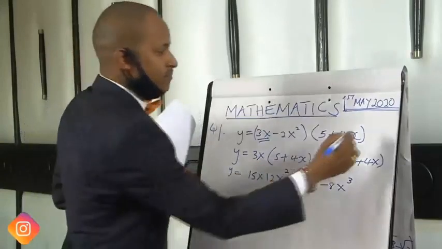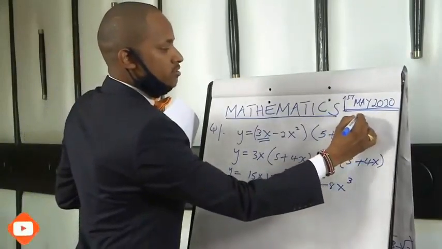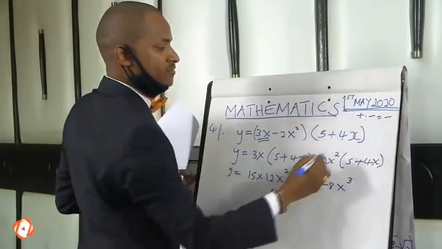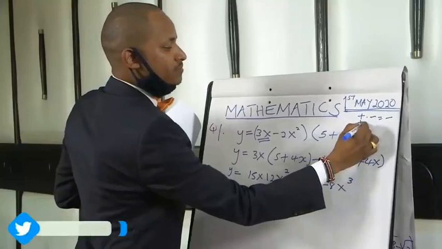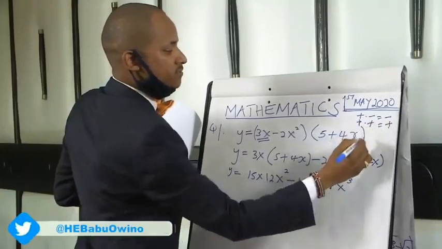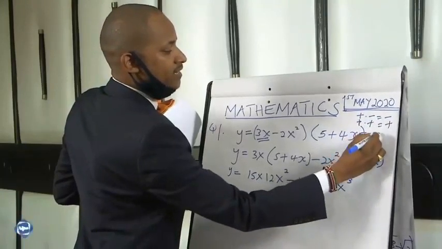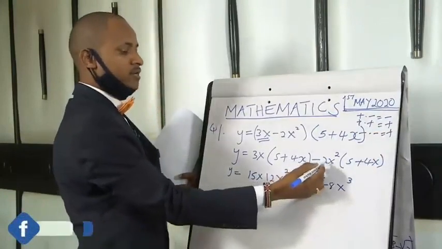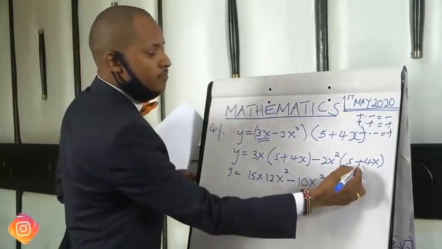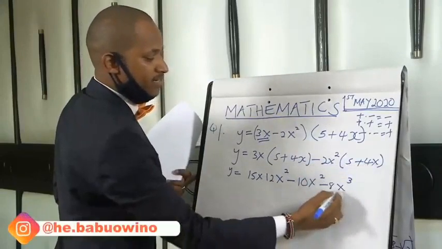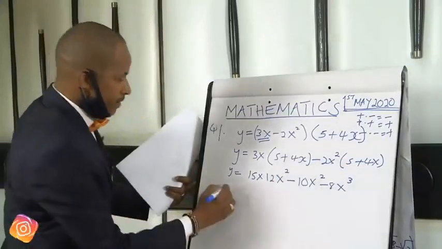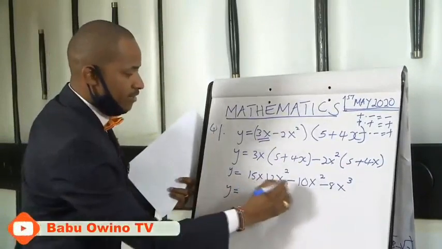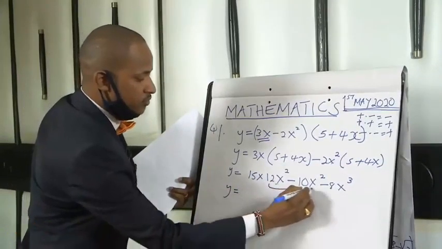Now there's a fundamental rule that you'll just note. When you have positive multiplied by negative, you get negative. Positive multiplied by positive, you get positive. Then negative multiplied by negative, you get positive. That's why when we have minus 2x squared times plus 4x, you get minus 8x cubed. Now our y becomes, you simplify further by collecting the like terms.